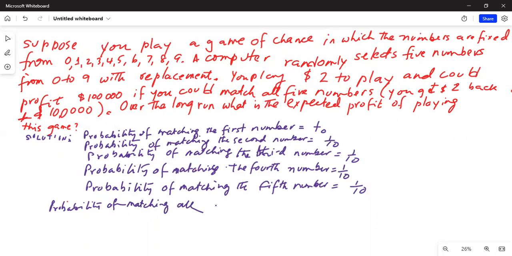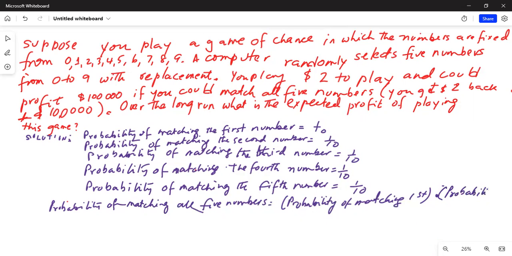Matching all 5 numbers is equal to probability of matching first times probability of matching the second. This is multiplied because these are independent events. So probability of independent events, they get matched when they're combined together.